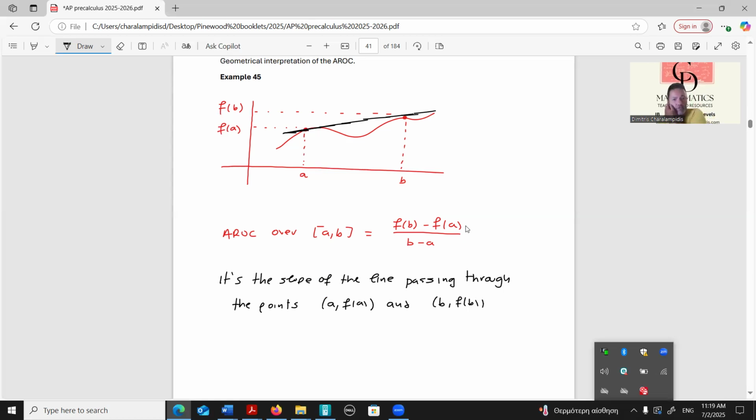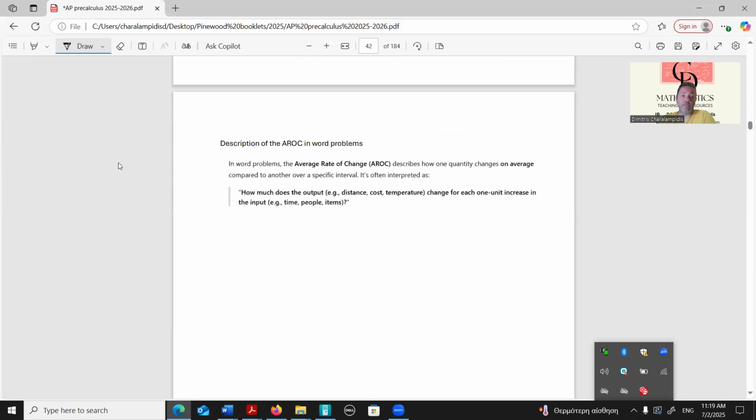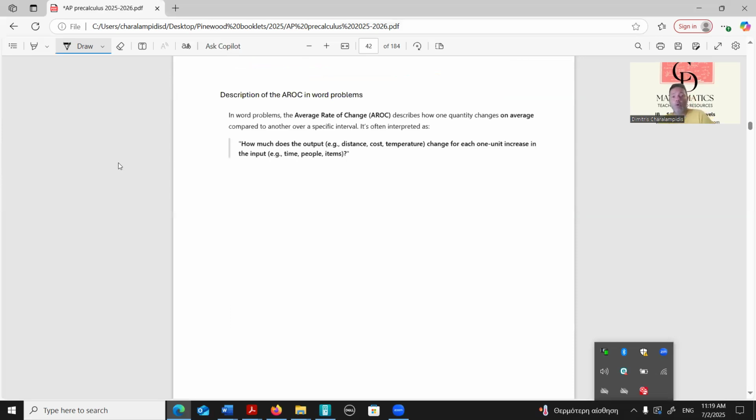It's an easy definition, an easy formula, and something that we expect to definitely see in the upcoming exams. You should all know how to calculate the average rate of change over an interval. Before we work some examples, let's see how it looks in word problems.